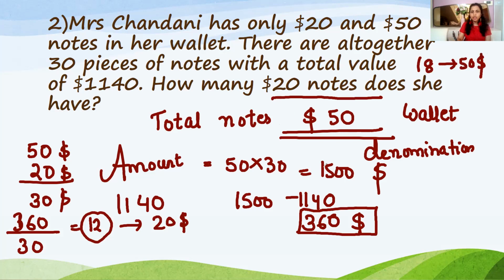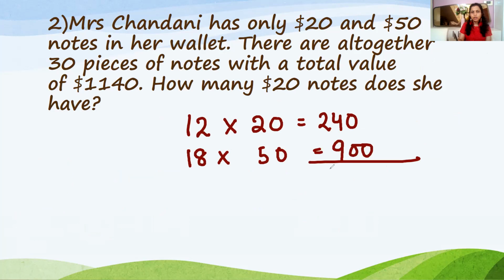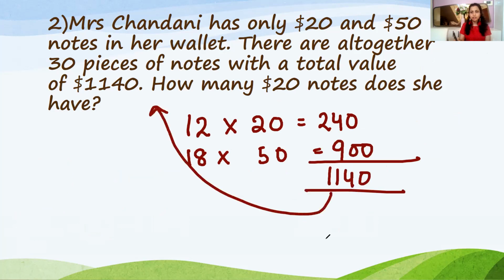You can check your answer as well. 12 times 20 gives you 240, and 18 times 50 gives you 900, which in total gives you 1140, so that is correct.